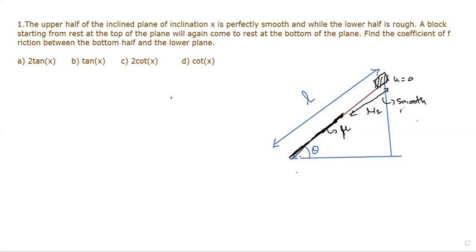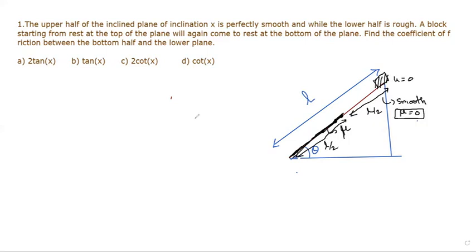The coefficient of friction on this smooth part is 0, and the friction exists here in the lower half. The lower half is of length L by 2. These are the things which are given to us.